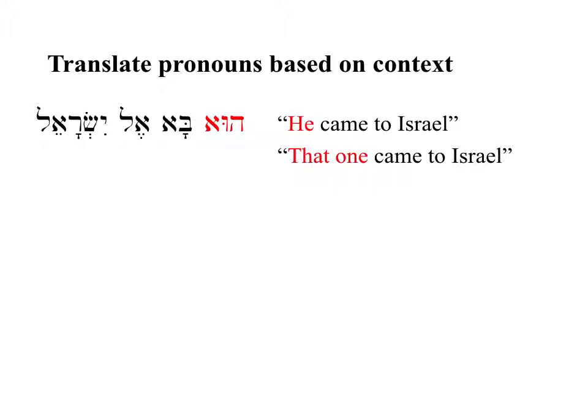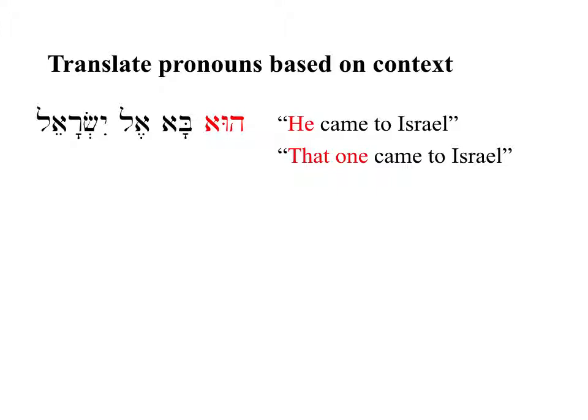So in this sentence, Hu ba el Yisrael, he came to Israel, the pronoun hu can be used in its typical way of indicating the third person masculine singular he. The verb ba already has the pronoun in it, so on some level, this sentence is actually stressing the subject.